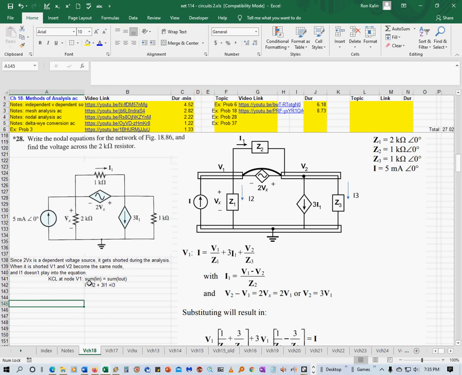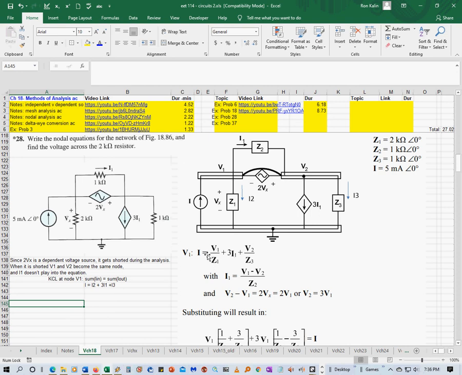If you do KCL at node V1, which is the same as V2, you have the sum of the current in, which is just I, this 5 milliamps angle of 0, and the current leaving is this I2 that I defined here, this 3I1 here, and this I3 here.